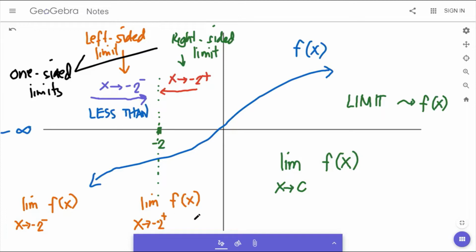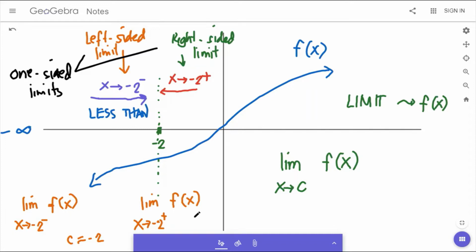Ano daw ang ginagawa? Ano daw ang nangyayari? Okay? Habang ang values ng x ay nilalapitan ang negative 2, so in this case, c is negative 2. So when the values of x keeps on approaching negative 2 from the left, how are you going to describe the behavior of the function f? Or the other, how does f of x respond to the changes happening on x as it goes closer to negative 2 but greater than negative 2?